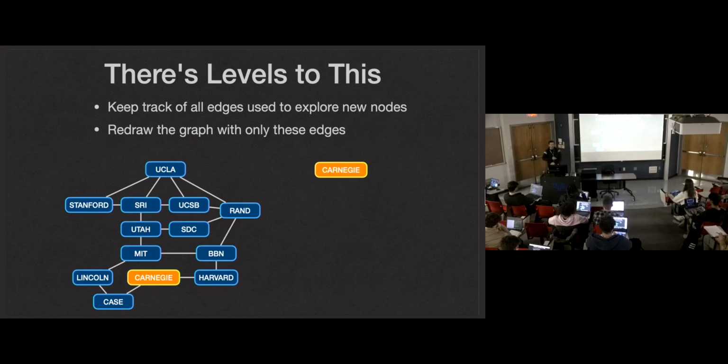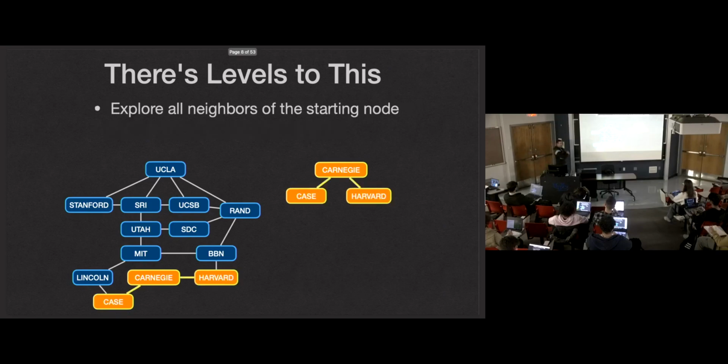The root node, the starting node for BFS, I'm going to put up at the top of this new graph that I'm building. And then each time I explore a new node, I'm going to draw it visually lower in this graph. So every time I take an edge to discover a new node, I'm going to go down visually on the slide.